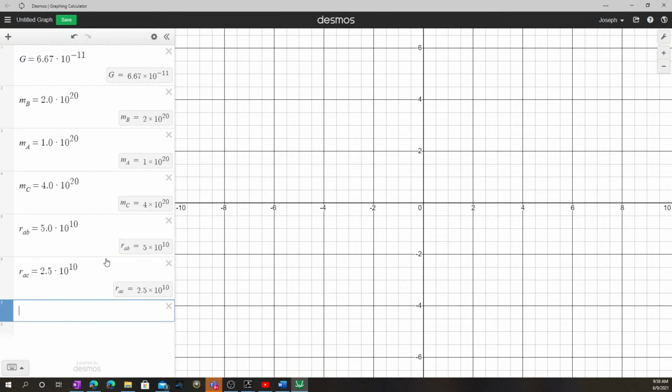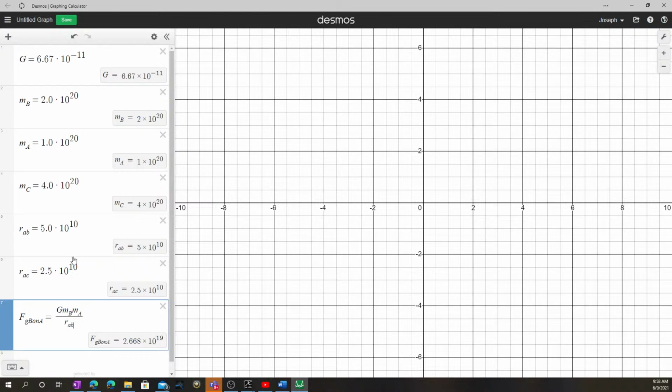That's nice. Now we can say the force of gravity of B on A is going to be G MB MA divided by the radius between A and B. Oh, we need to square this down here.